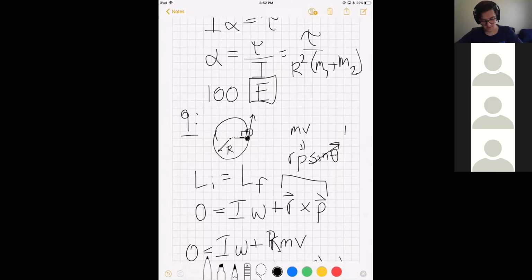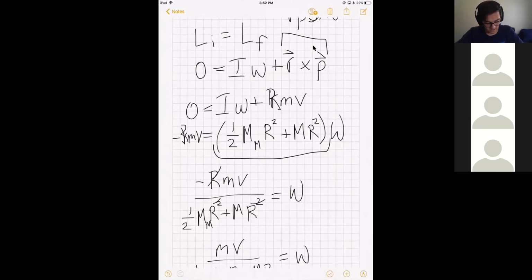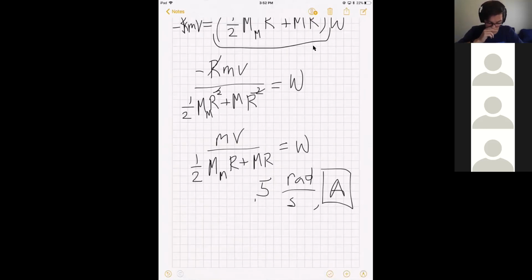So if the ball is going upwards, then the thing is going to rotate this direction, which I said is negative. And if you want to get rid of it, you could say that it doesn't go anywhere. I also forgot to include it, so that should be a minus sign right there.